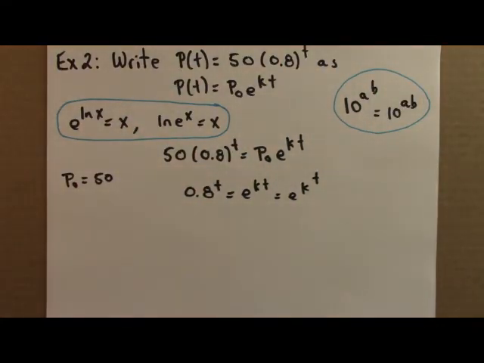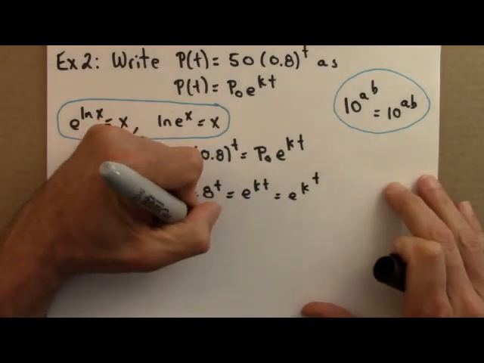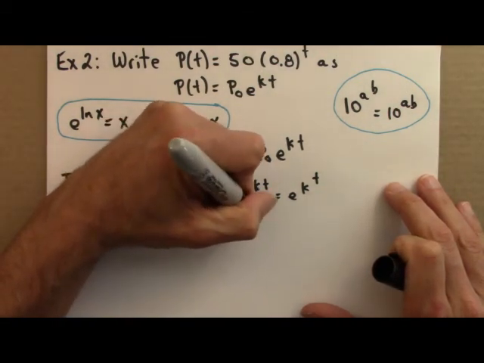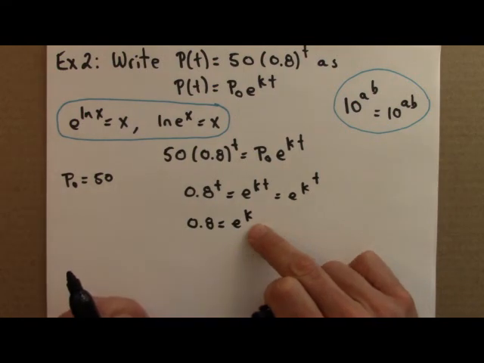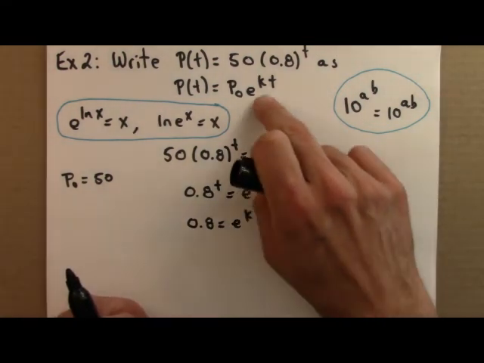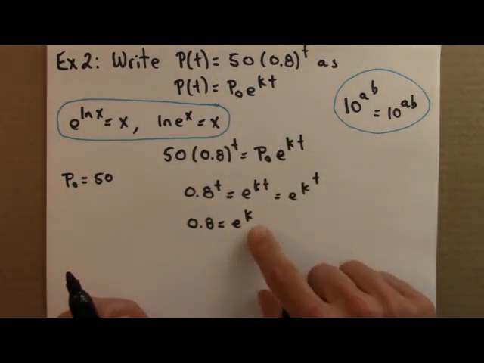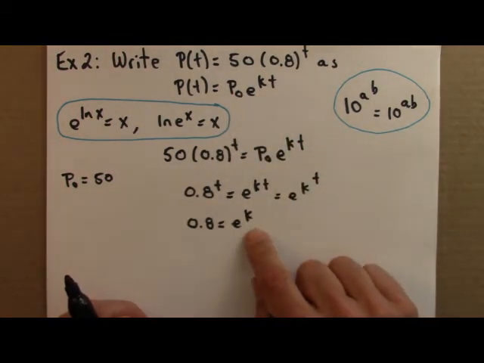So let me write that. We're almost there. 0.8 is e to the k. And we want to know what k is. That's the thing we're trying to figure out, p naught and k, so I can write it in this way. So let's take the natural log of both sides.